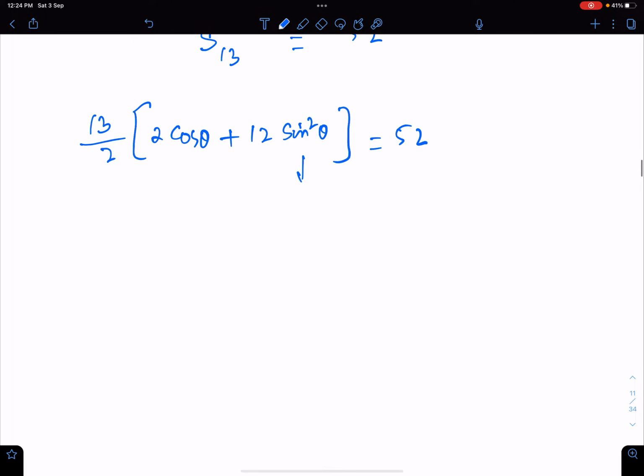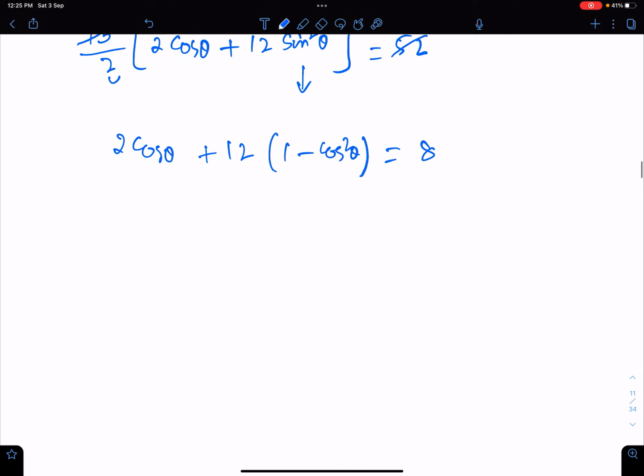So you have to replace this by cos square theta. This is 4, and when you shift to the other side, this is 8, 2 cos theta. Now substitute sine square theta by 1 minus cos square theta to factorize this equation easily.